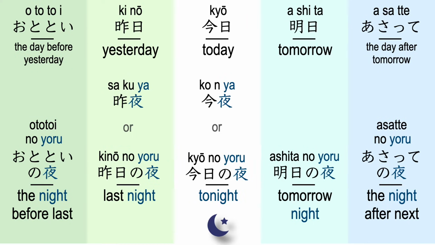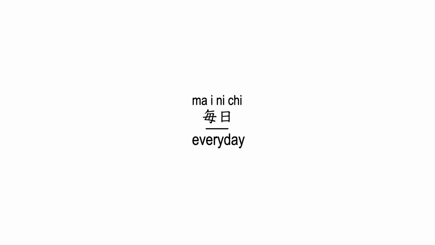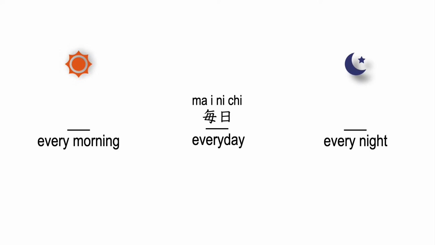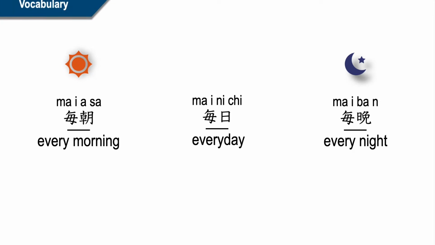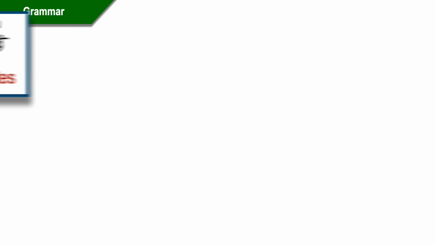And 晩 also means night, so you can replace 夜 with 晩. For example, tonight is 今晩 or 今日の晩. 毎日毎朝毎晩. Now let's move on to grammar.